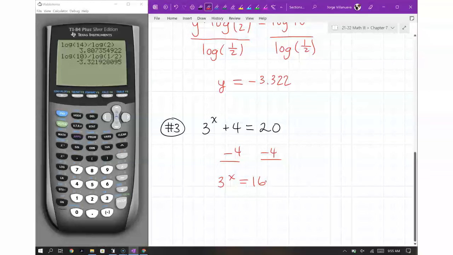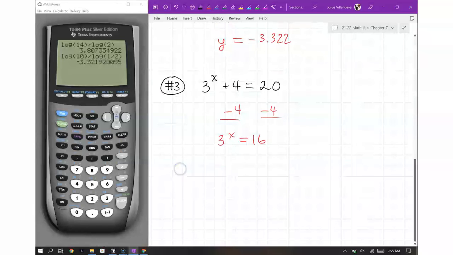So in order to get x by itself, I've got to introduce a log. Okay, so let's introduce the log to both sides. Log of 3 to the x equals log of 16. Now that allows me to take my power down. Remember, this is the trick that you're going to want to do for every single one of these problems, whether they're considered advanced or basic.